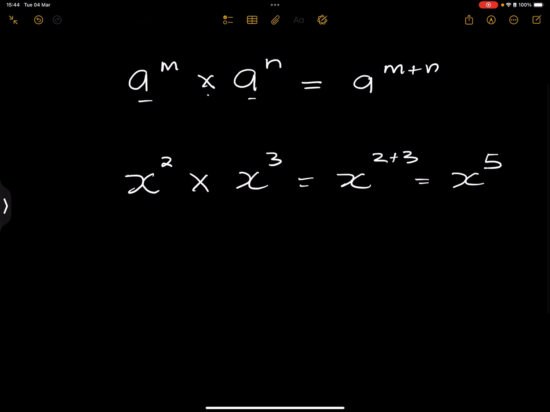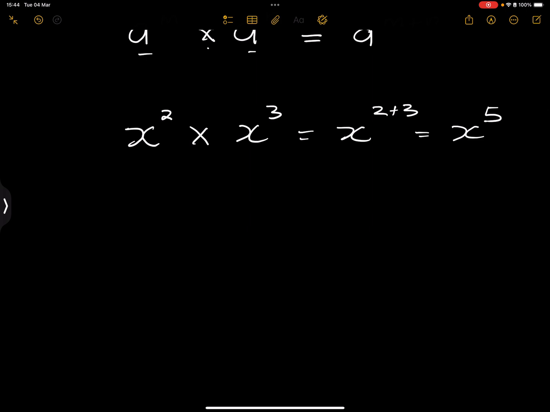Another very important thing to note is that when you multiply a negative times a negative, you get a positive. Whenever you multiply integers with the same sign, you always get a positive. So a positive multiplied by a positive gives a positive as well.